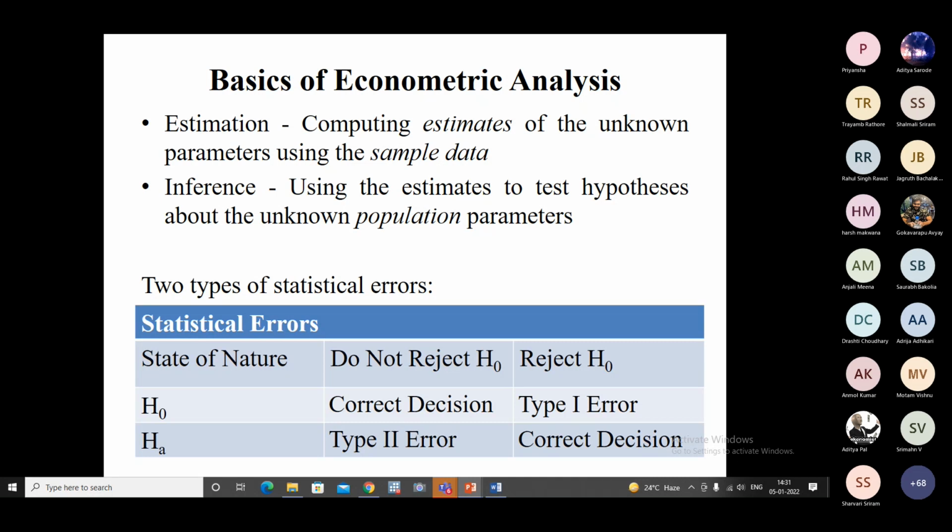So this is a very, very important aspect, and definitely we'll be discussing in detail on this, because the conclusion on testing of hypothesis would vary or may vary rather depending on the level of significance we choose.